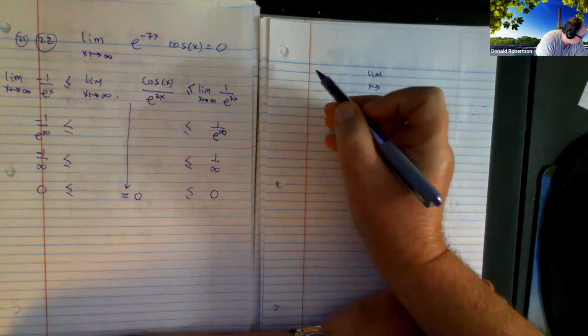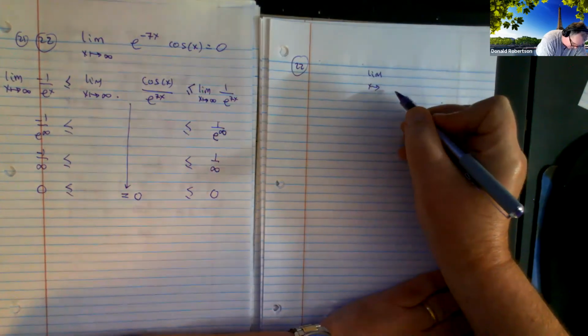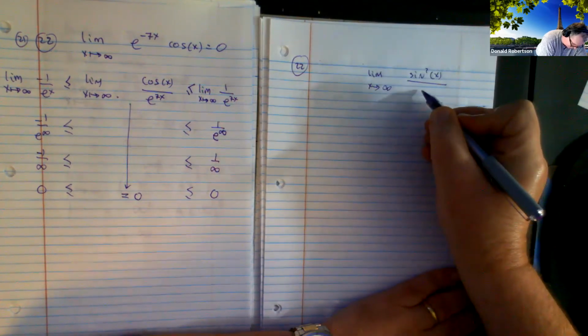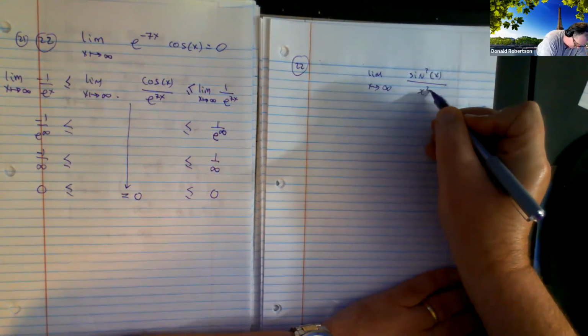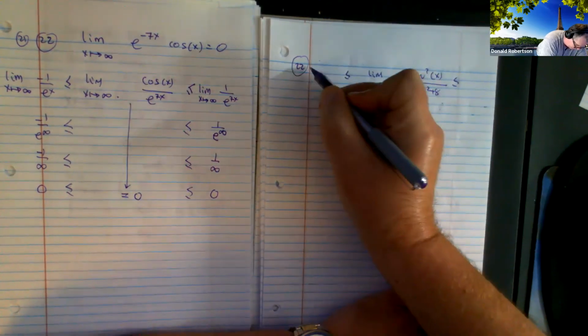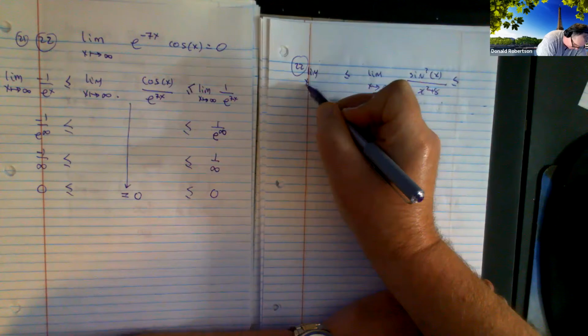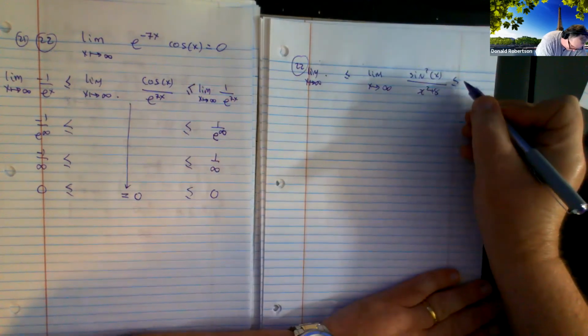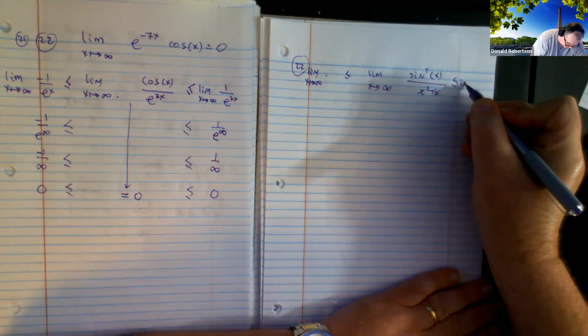And this one is question 22. I think this is going to have to be our last one for today. It is sine squared x over x squared plus 8. Okay.